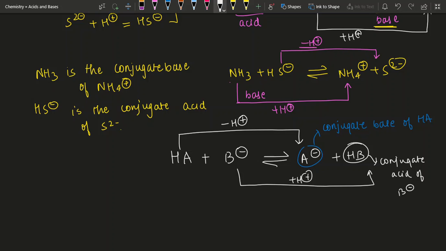And the way you can remember this, by looking at an example, is you can just see in which pair hydrogen is being removed. If the hydrogen is being removed, name the final product, in this case A minus, as the conjugate base. If you're adding hydrogen to something, that becomes the conjugate acid.